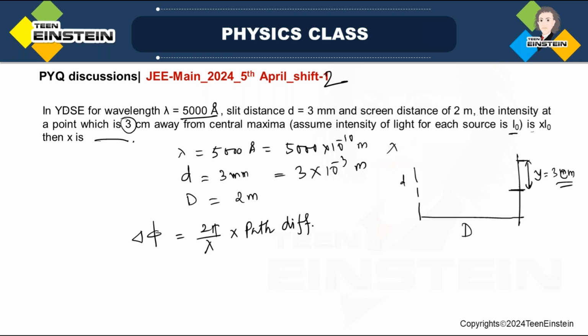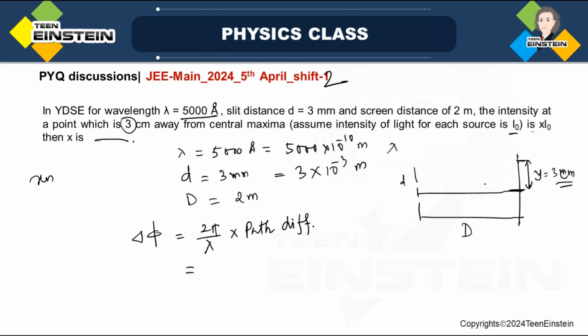You know very well xn, this distance, is the path difference. The path difference at the central point is 0, so whatever distance you get from there gives the path difference.